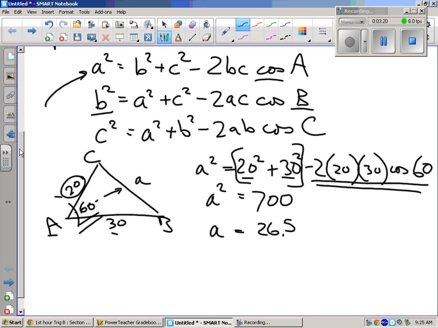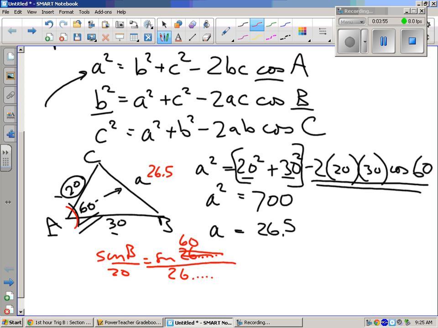So if I want to continue and find the rest of these, so this is 26.5, what I want to caution you is I have enough now to do the law of sines. I could set up sine of B over 20 and then sine of A over 26.5, so this would be sine of 60 over 26.5.